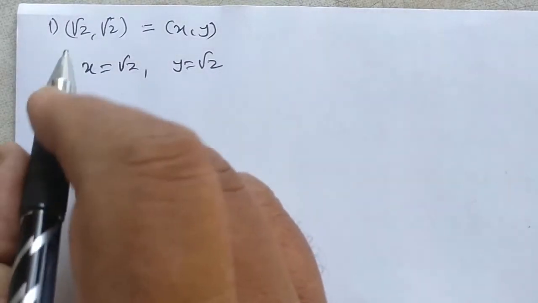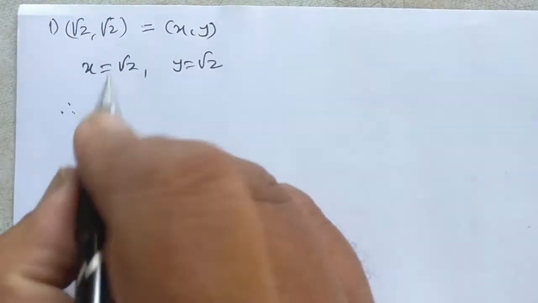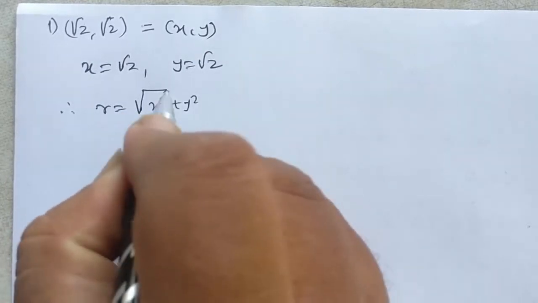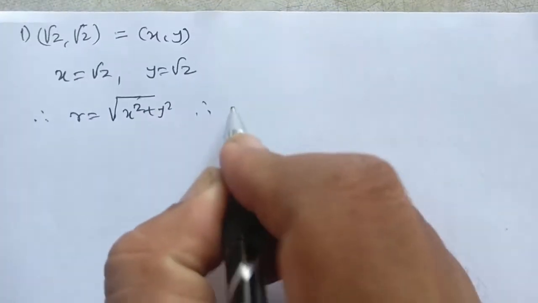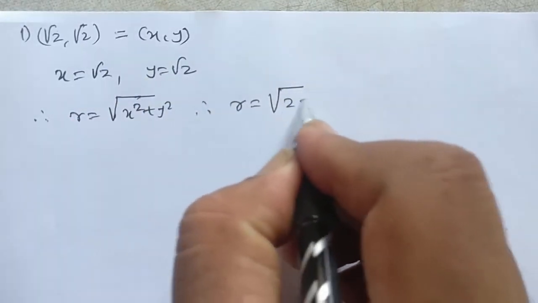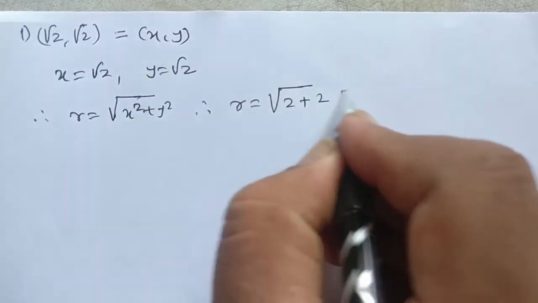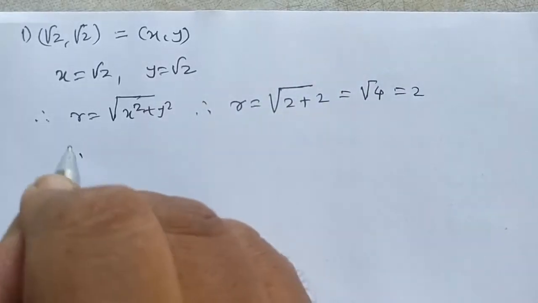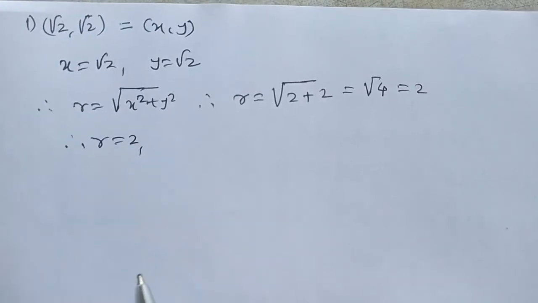Therefore, we know that r is equal to under root of x square plus y square. Therefore, r is equal to under root of root 2 square, which is 2, plus root 2 square, which is 2, so it is under root of 4, which is 2. Therefore, r is equal to 2.